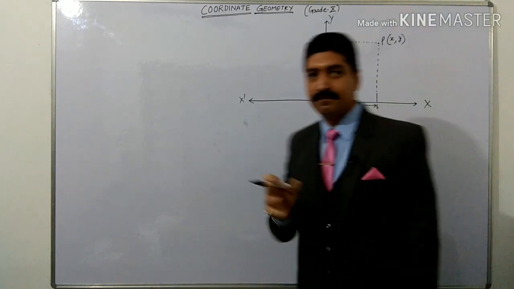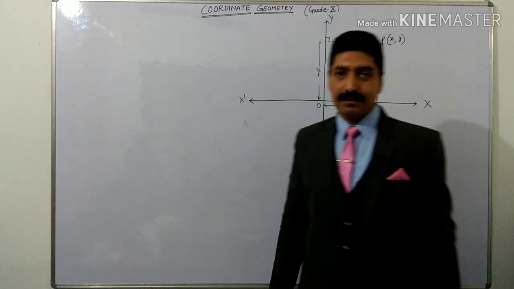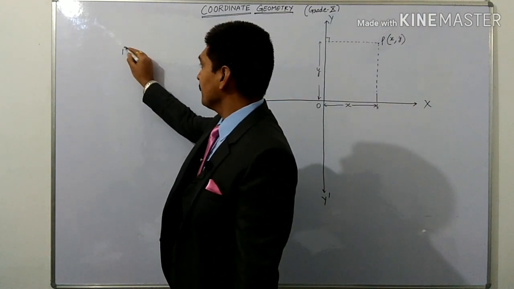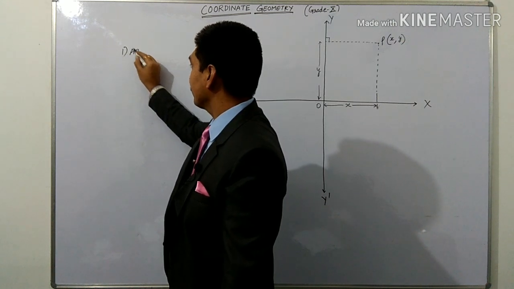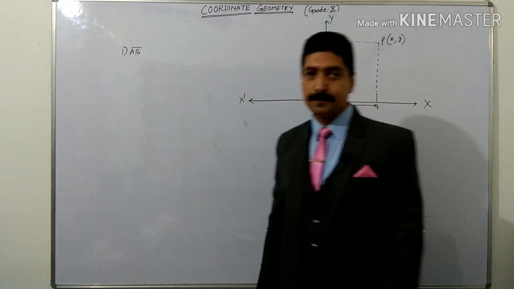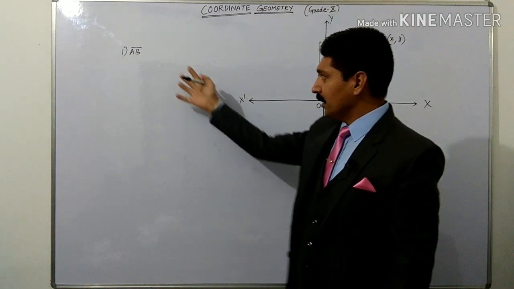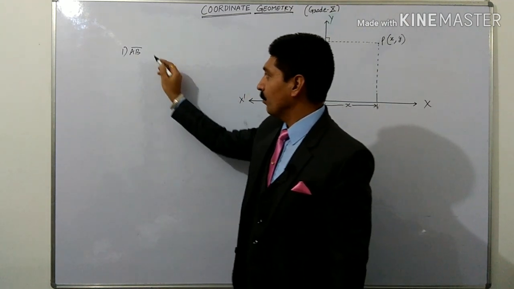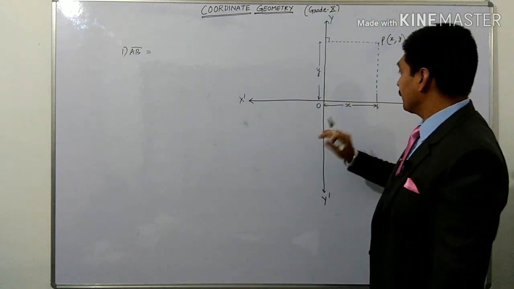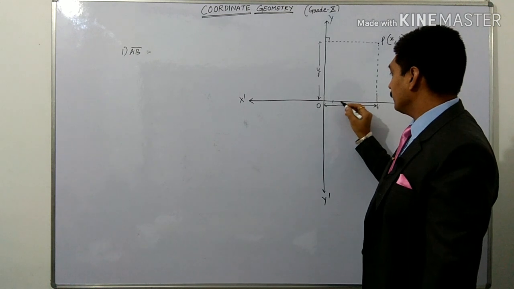So in graph we have discussed in detail in grade 9. So let's start first with the distance formula. Distance formula: if 2 points are there, A, B, what is the distance between the 2 points A, B? So before going for the distance formula, choose any two coordinates.